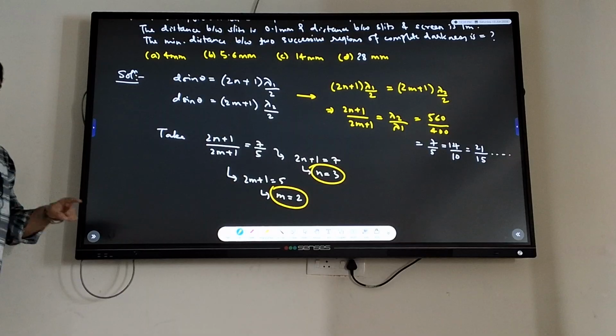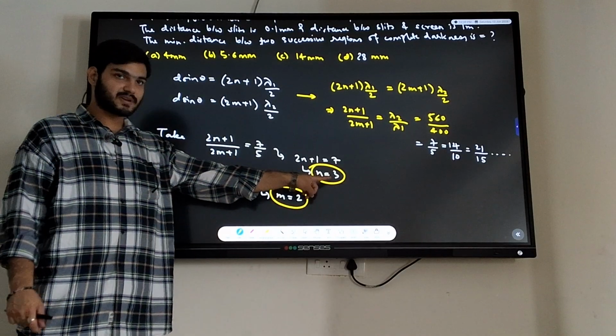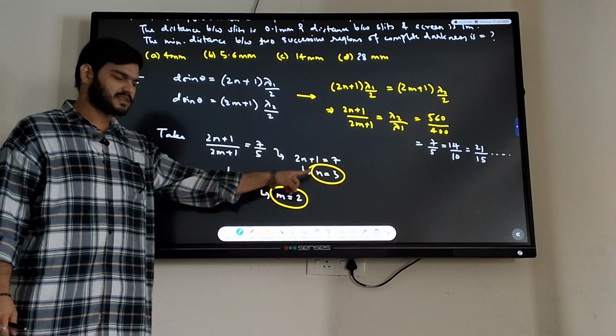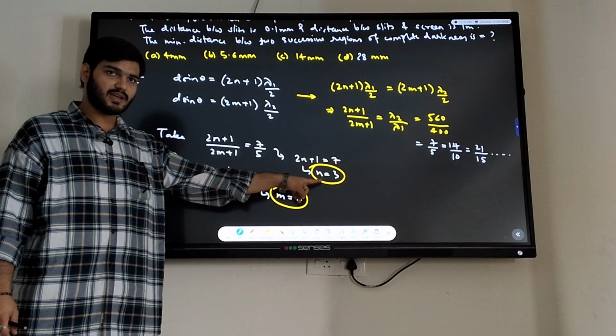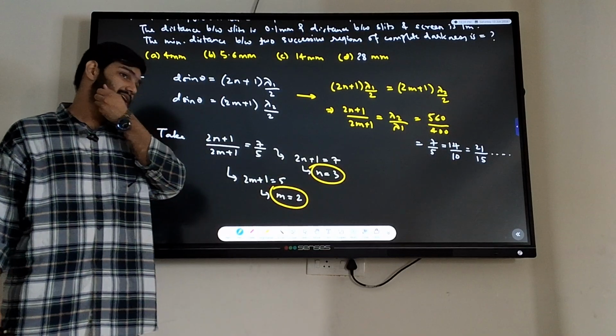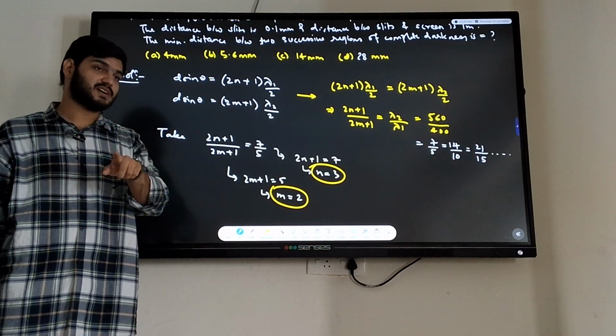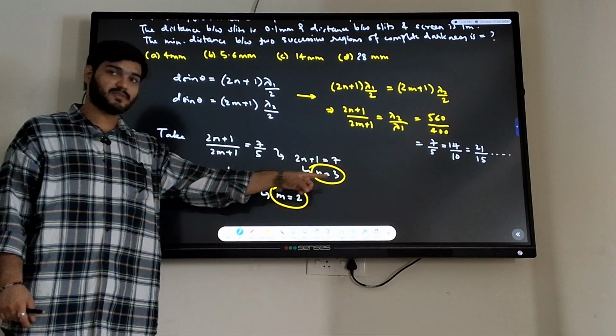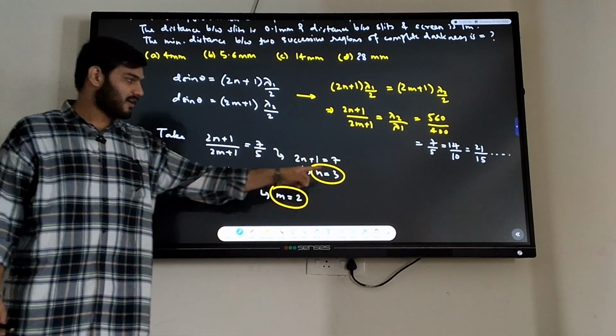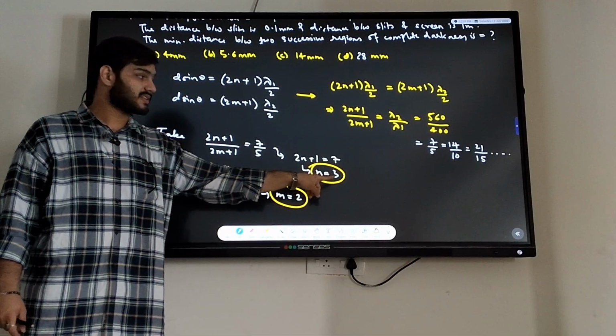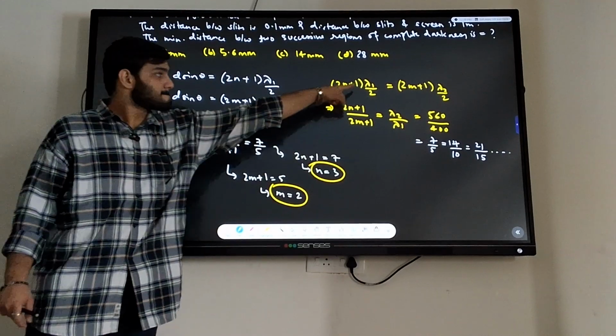So now you can say that the third dark fringe is coinciding with what? n equal to 0 corresponds to the first dark fringe. So n equal to 3 is the fourth dark fringe of what wavelength? Of lambda 1.